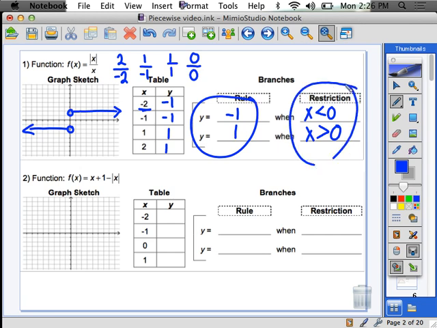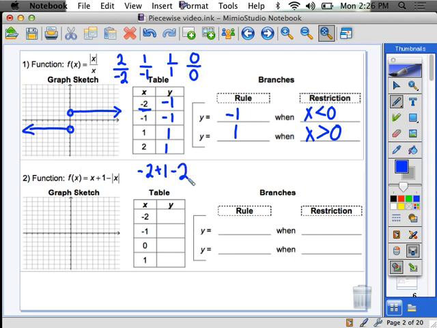All right, let's look at number 2. The formulas are a little bit more complicated. So when x is -2, we've got -2 plus 1 and then -2. So we've got what? -3. When x is -1, I've got -1 plus 1 minus 1.